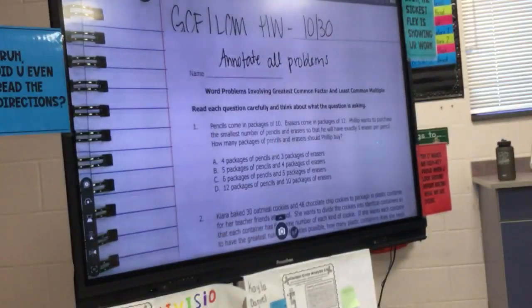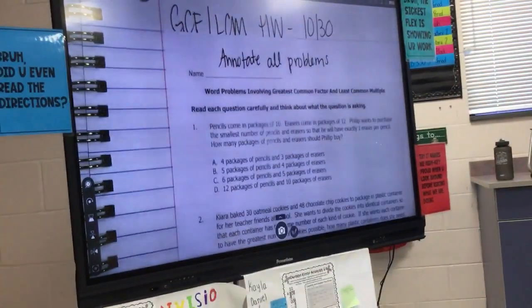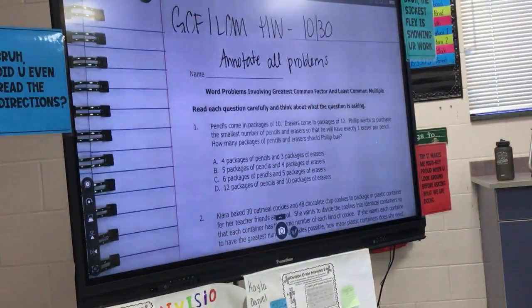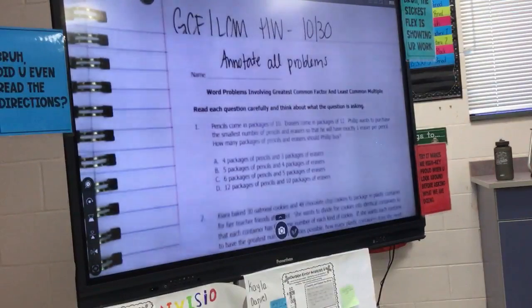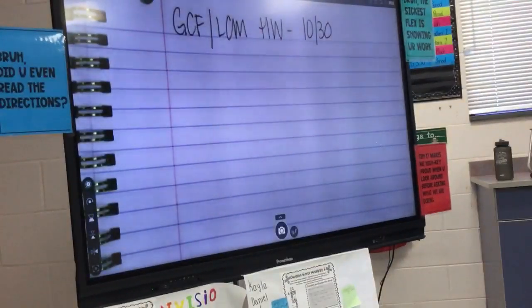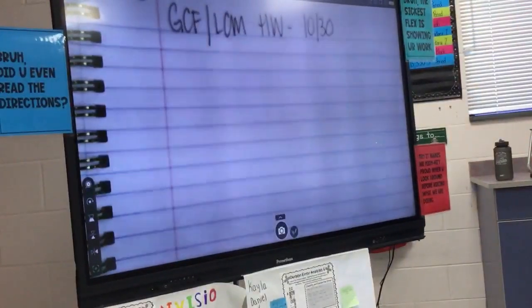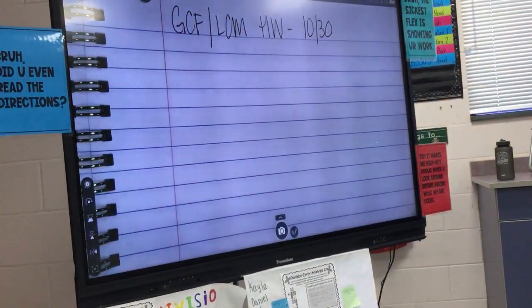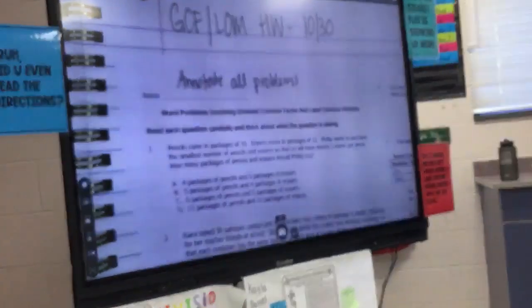That does not mean you're solving all 16 of them. In order to get credit for your homework, when I look at this paper tomorrow, if I don't see every one of these annotated, I don't care if you did the work or not. 16 problems need to be what? Annotated.